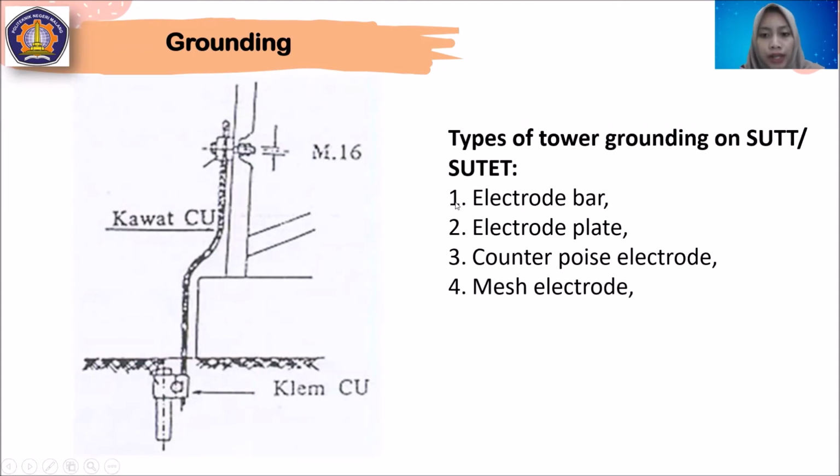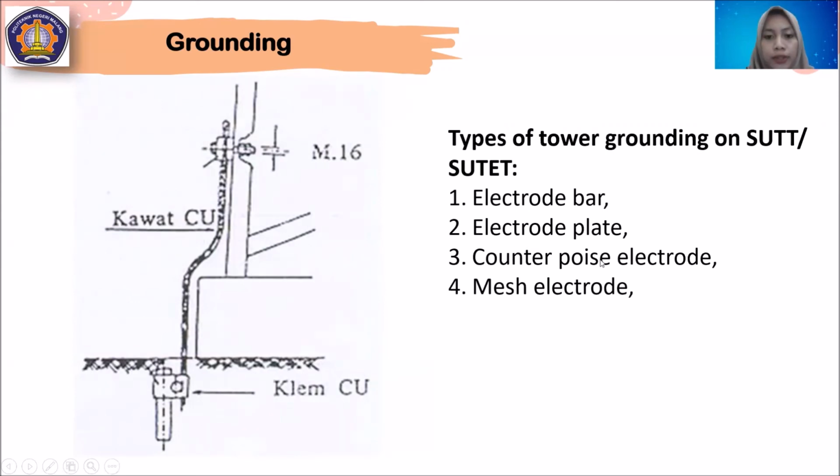There are 1, electrode bar. Electrode bar is a metal rod embedded in the ground, and then 2, electrode plate. Electrode plate is a metal plate placed in the ground horizontally or vertically. This grounding is generally for protection against lightning.